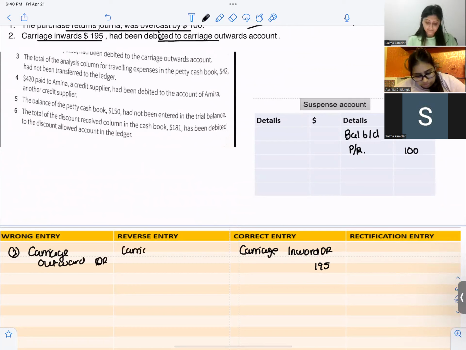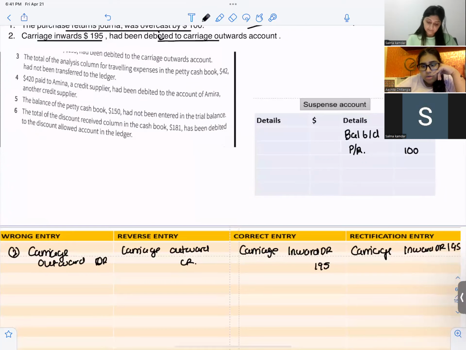So the rectification entry is carriage inwards debit 195 and carriage outwards credit 195.